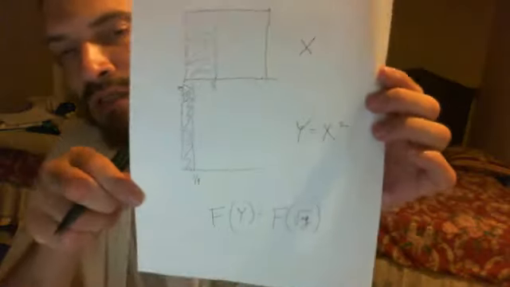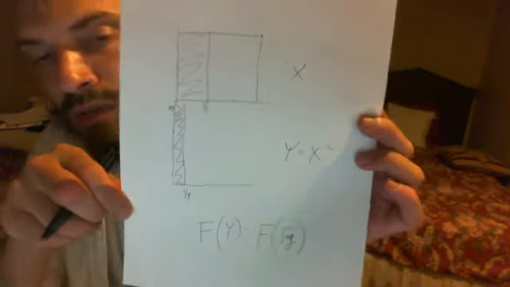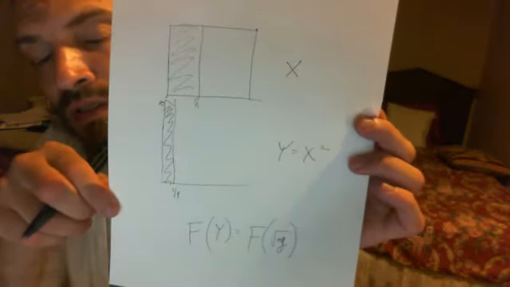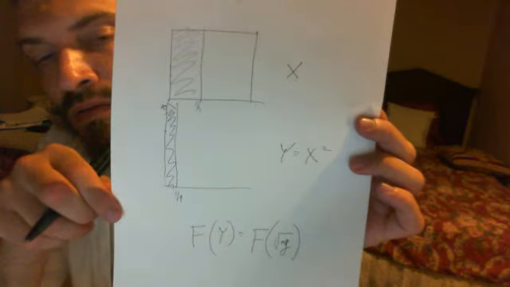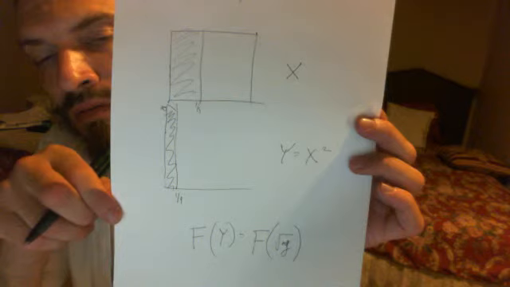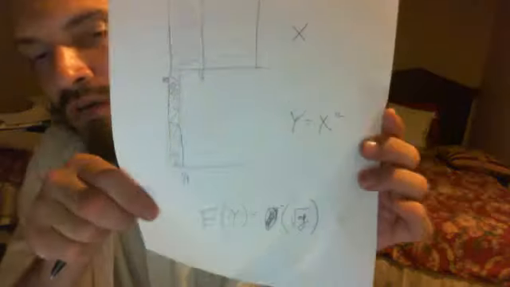What is the F of y? How much ground is covered when y is equal to something? The answer is, I should have written a second F here, sorry. F of y is equal to the root of y.